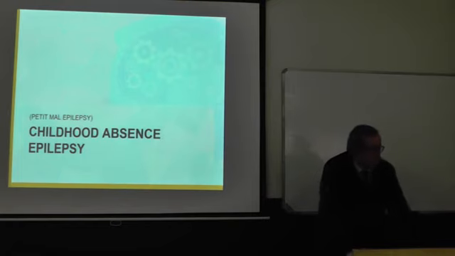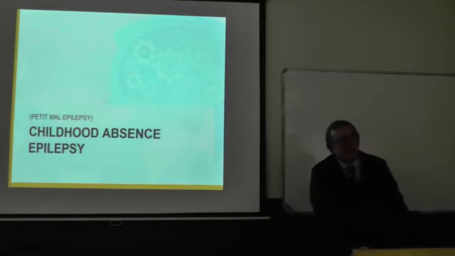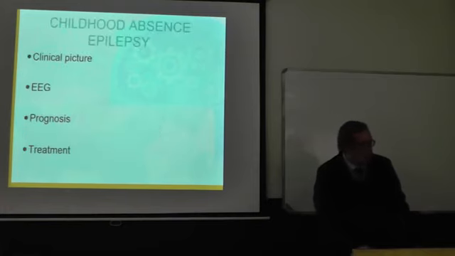Child with absence epilepsy is definitely not a small epilepsy. Previously it was called petit mal as compared to grand mal, but it can cause severe learning difficulty because these children may have these absences hundreds or even 1,000 times a day, where it's got a very specific start and stop.